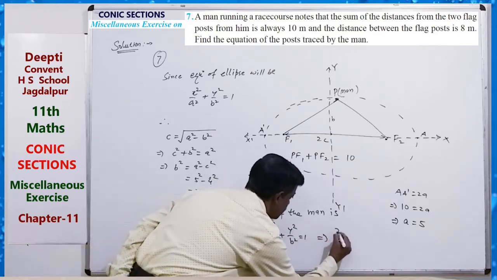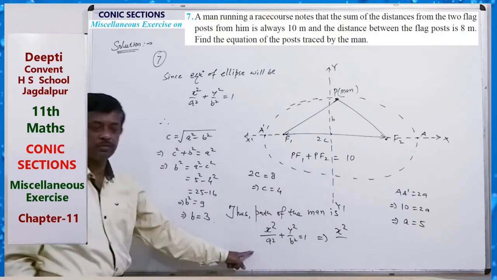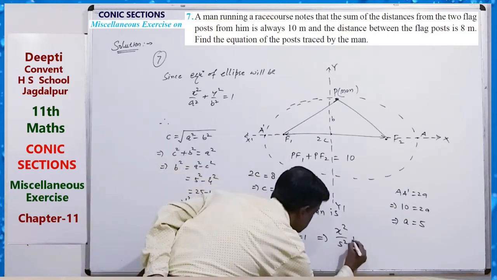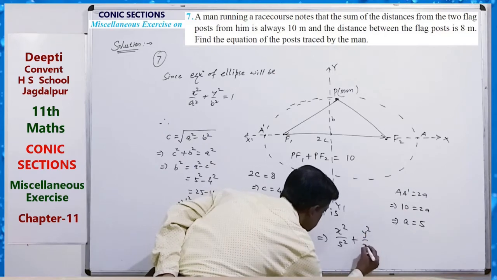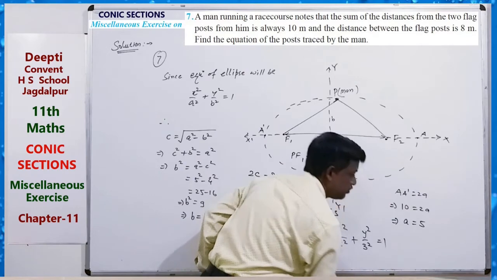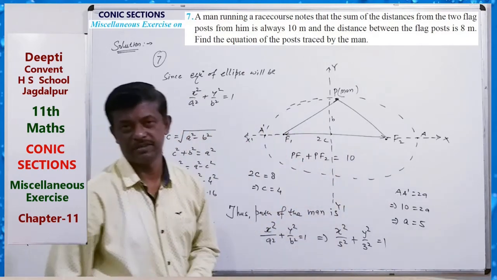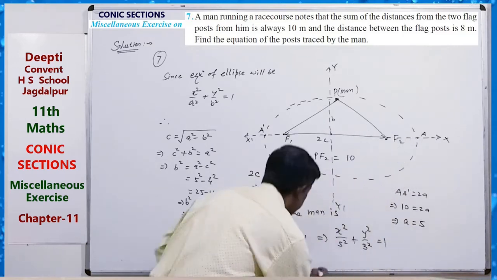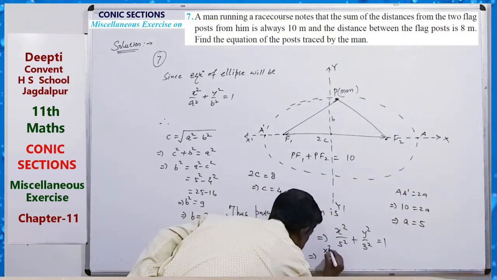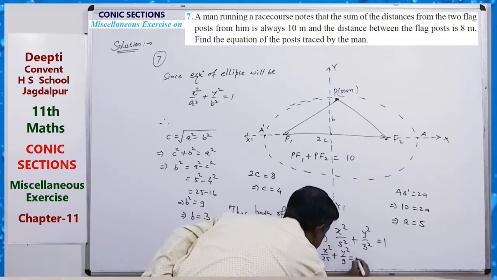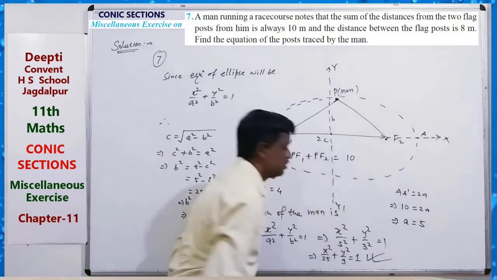That is x square by a square, a square means 5 square, plus y square by b square means 3 square, equals 1. Okay, so this is our answer, the path. We can write it as x square by 25 plus y square by 9 equals 1. So this is the path of the man.